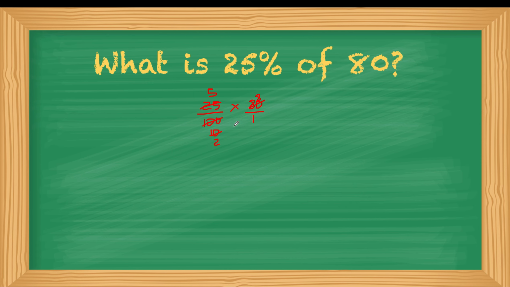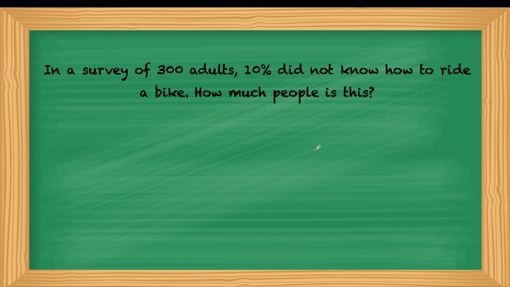I can go this way again. So I can say 2 into 2 goes 1 time, and 2 into 8 goes 4 times. Excellent. So here we have 5 times 4, which would give us 20. So now we know that 25% of 80 is 20.